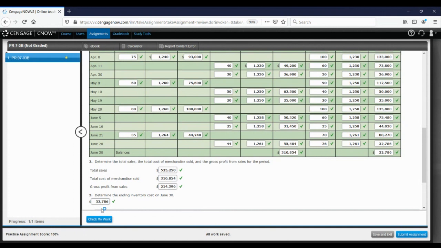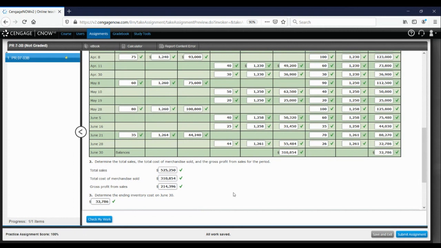FIFO will give you the highest amount of net income during periods of rising prices. So if you'll remember, when we did all of our purchasing, our costs were rising. So the FIFO method yields the highest net income during periods of rising cost.